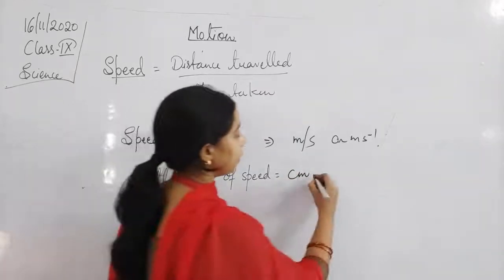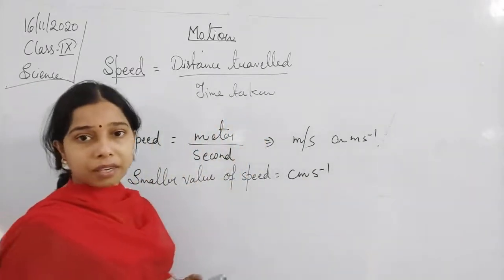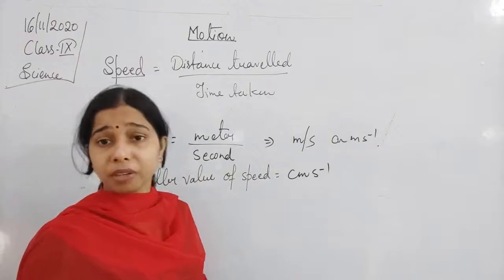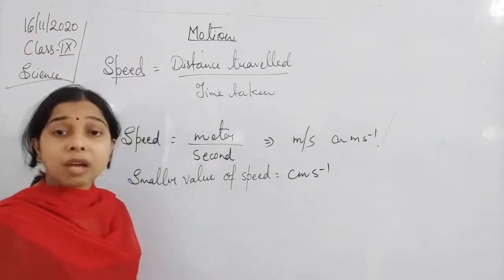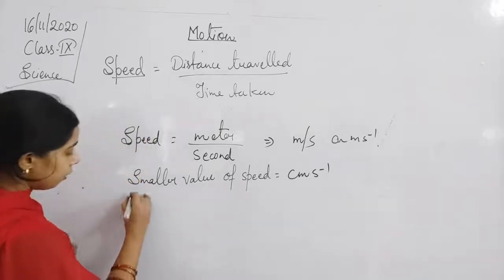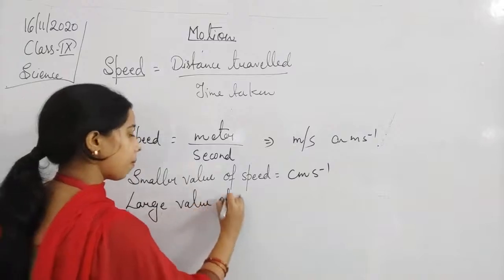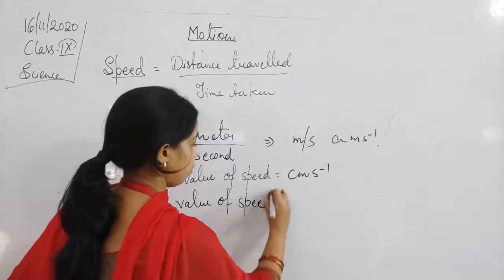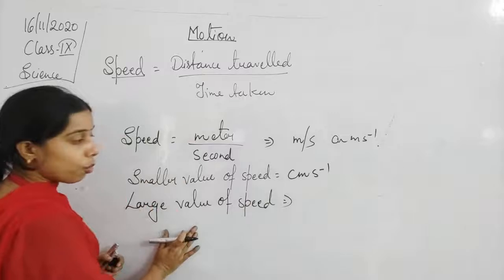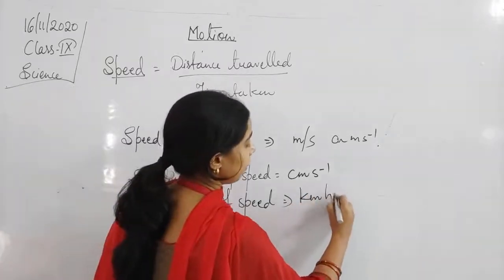So centimeter per second. And if we are finding the speed of a vehicle which is moving a large distance, students, then a larger quantity will be used. So the speed in a large quantity will be measured in the unit kilometer per hour.